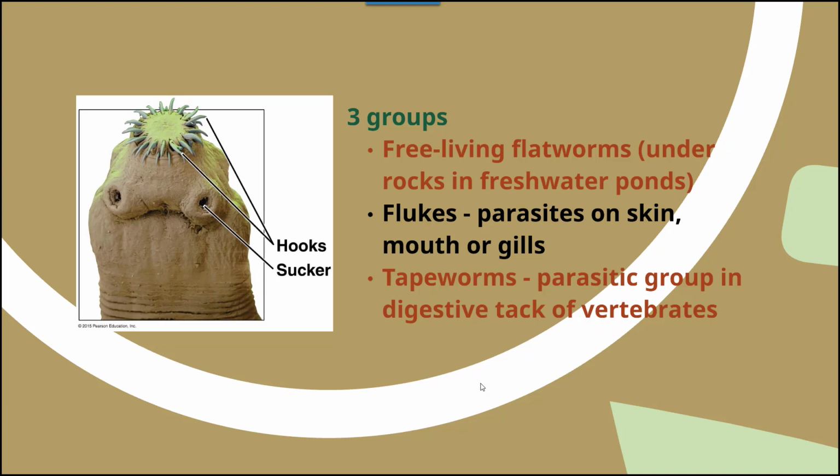Some of them are free-living flatworms and grow underneath rocks in freshwater ponds and things like that. Some of them are flukes, and they are parasites that live on skin or in the mouth or gills of organisms, such as fish. And then there's also tapeworms, which are a parasitic group that live in the digestive tract of vertebrates.